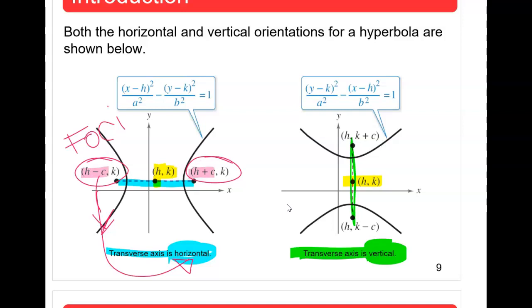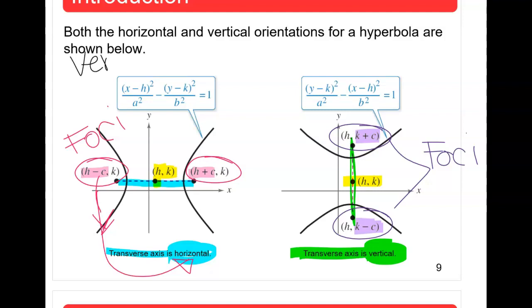But if you have a vertical hyperbola, we will be making those changes to k, as you can see here. And that is also just to find the foci. So that's the difference. Same for the vertices.